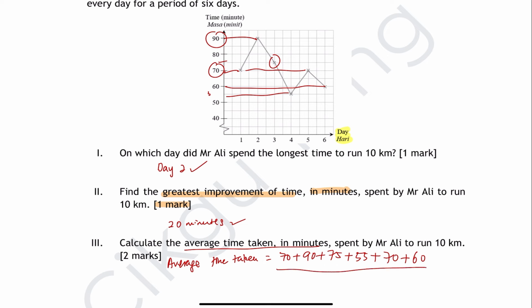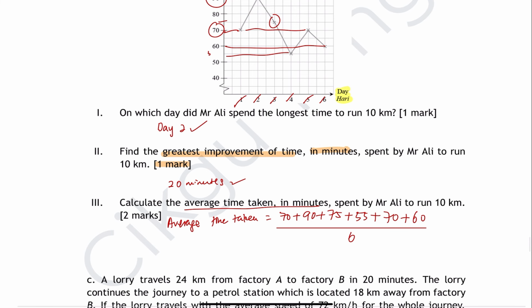And you need to divide by 1, 2, 3, 4, 5, 6. You have to divide by 6. Okay, so you just press 70 plus 90 plus 75 plus 55, 70 and 60, everything divided by 6. You get 70 minutes. So this is the answer for your part 3.